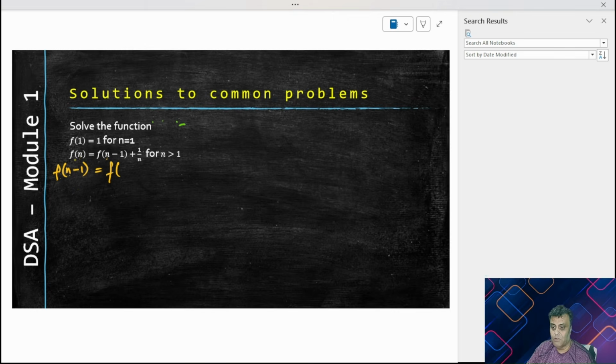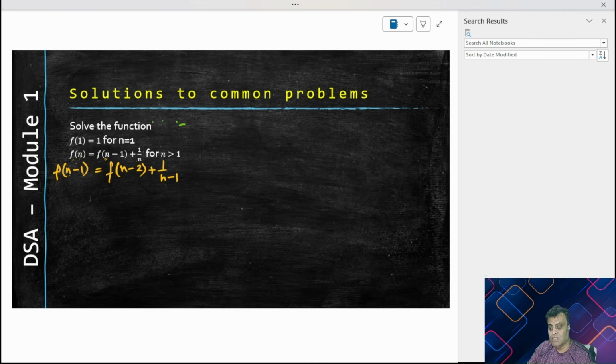Therefore, my left hand side becomes f of n minus 1. On my right hand side, for each value of n, I'll have to substitute n minus 1, which means n minus 1 minus 1, which is n minus 2, plus this n also has to be substituted with n minus 1.